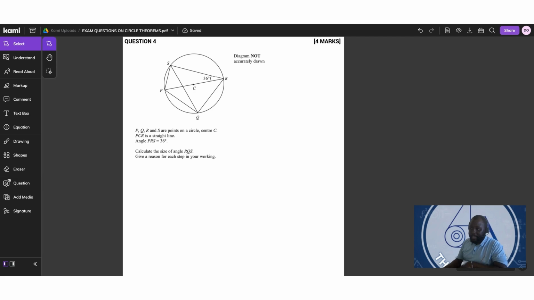Now, PQRS are points on a circle. We already know that's a cyclic quadrilateral and we're meeting a lot of them. Center C. So C is the center of the circle. That information is very clearly given. PCR is a straight line. Now, if PCR is a straight line and it passes through the center of the circle, then PR is the diameter of that circle.